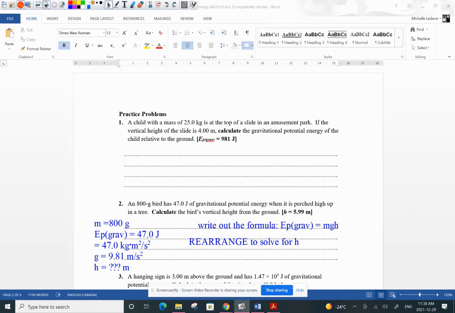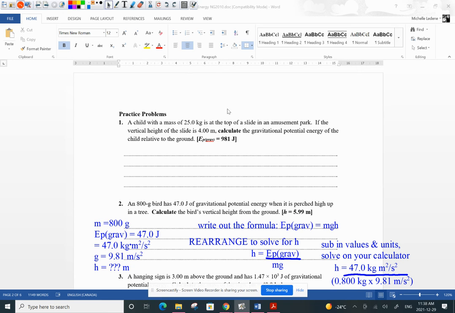So once you've got your formula rearranged, and you've got EP due to gravity divided by mass times the acceleration due to gravity, you've got to then substitute in your values. And don't forget units. So we have to convert from joules to our basic units of kilograms, meters squared per second squared.